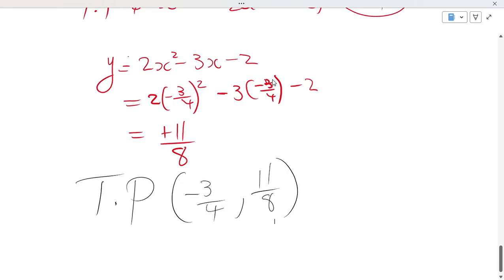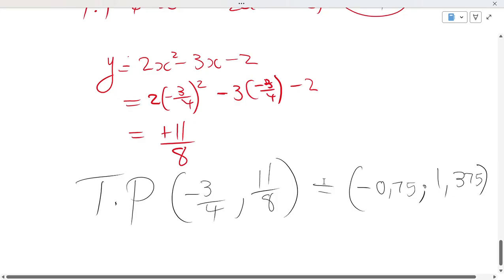If we were to write it as decimals, it would be negative 0.75 and 1.375.